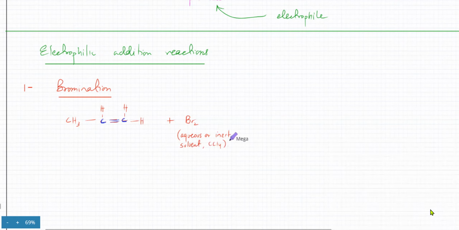So what would be the products? You'll have CH3. The double bond is going to vanish. It's going to go away. And on both these carbon atoms, bromines are going to get added.